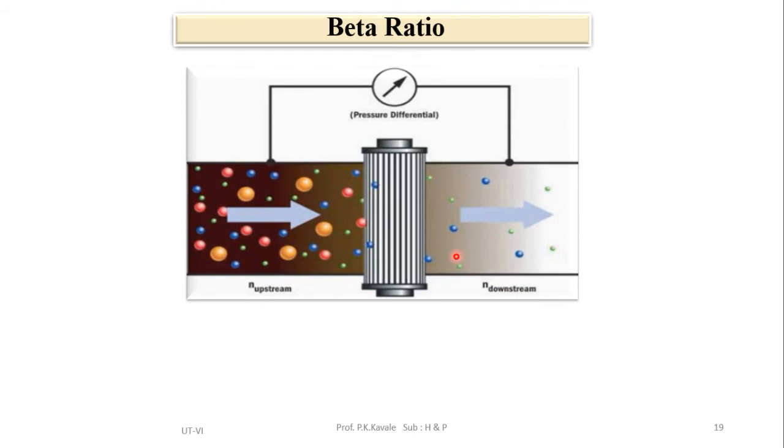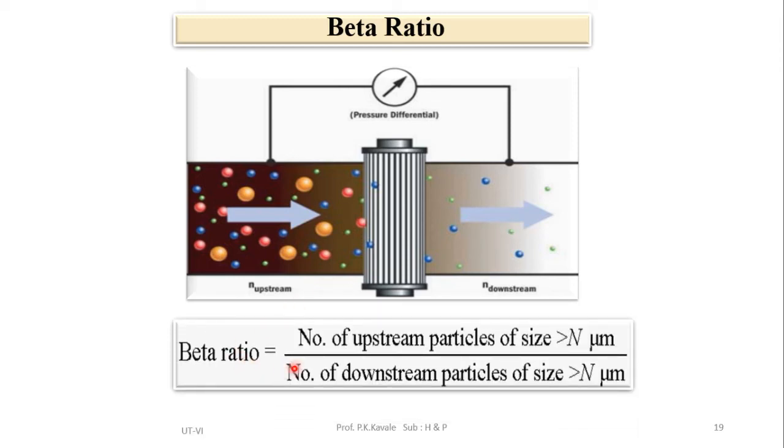Now beta ratio. What is meant by beta ratio? Just observe this carefully. This is the filter. The incoming side is known as the upstream, and the outlet of the filter is known as the downstream. Upstream has a number of particles, more contamination, and the filter restricts them and sends some particles to the downstream. So what is meant by beta ratio?